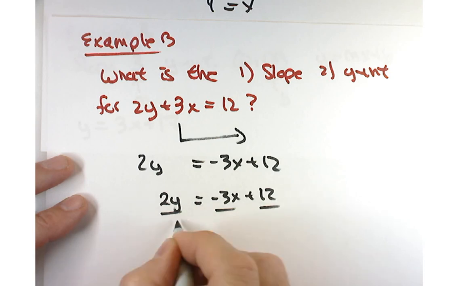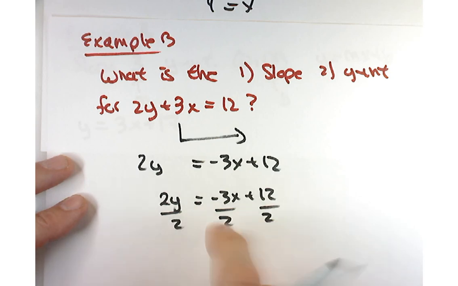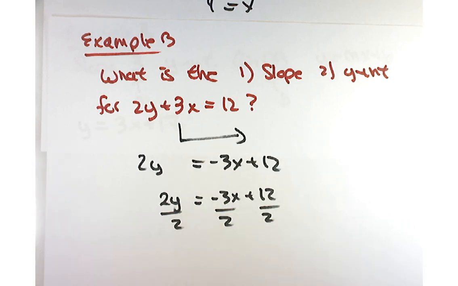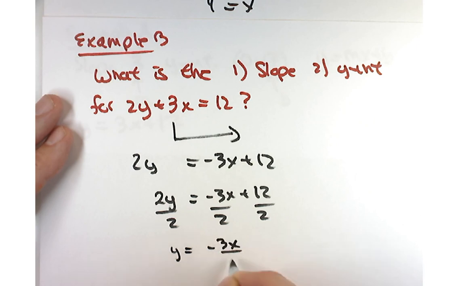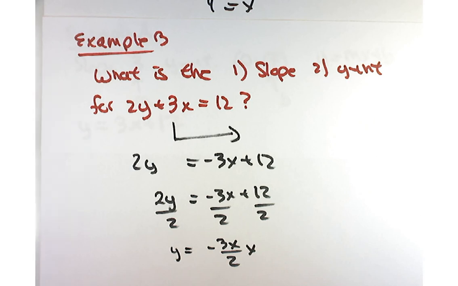Everything needs to be divided by 2. Even though it's inconvenient, the -3 term. It's inconvenient because it didn't really go in even. That's okay. You can write it as -3/2 x like this. Or you could write it a couple different ways.